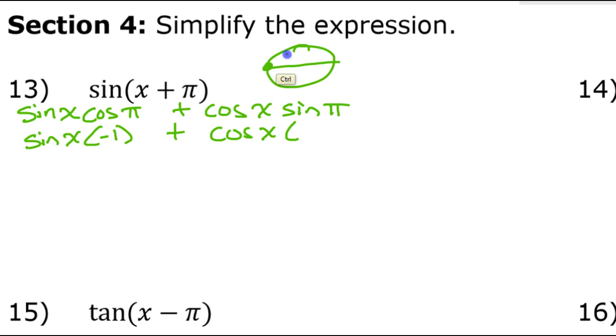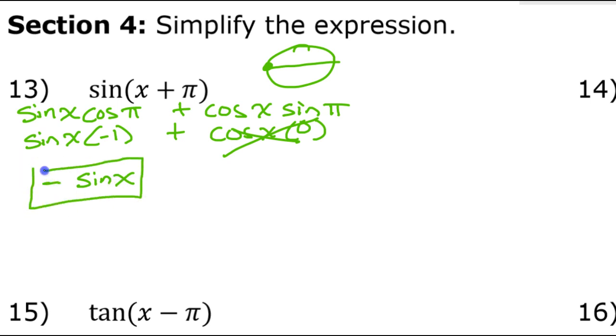Cosine is an x value, that's why it was -1. Sine is a y value, which will be 0. So cosine of x times 0 is just 0, so this is basically gone. That's just going to leave negative sine x. So there we simplified it.